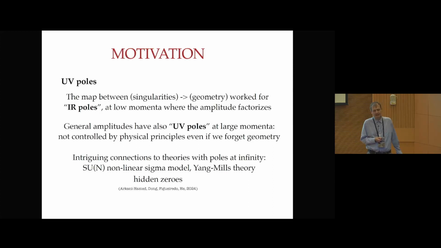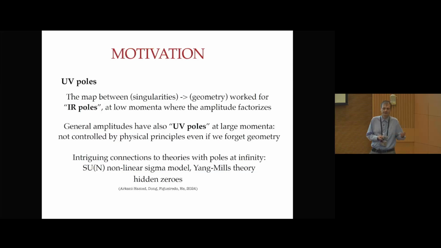But in general, the amplitudes also have poles at large momenta, referred to as UV poles. And while unitarity controls what happens for these IR poles, the amplitude should factorize, or for the loop integrands, there are cuts when you cut the loop amplitude into a product of tree-level amplitudes. For these UV poles, we don't know what the general physics principle tells us.